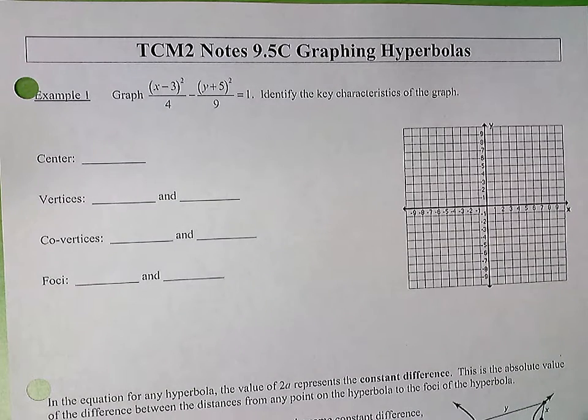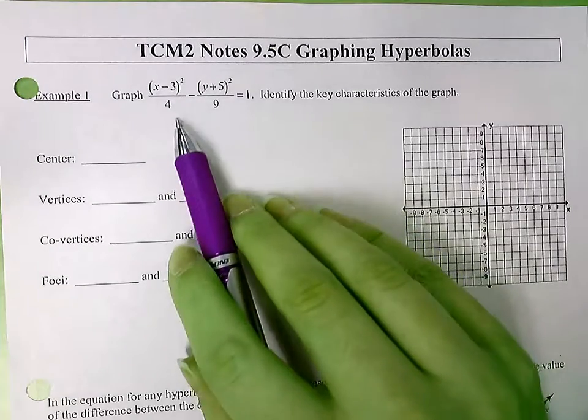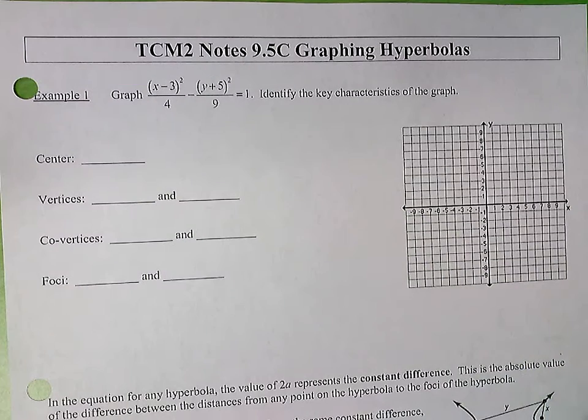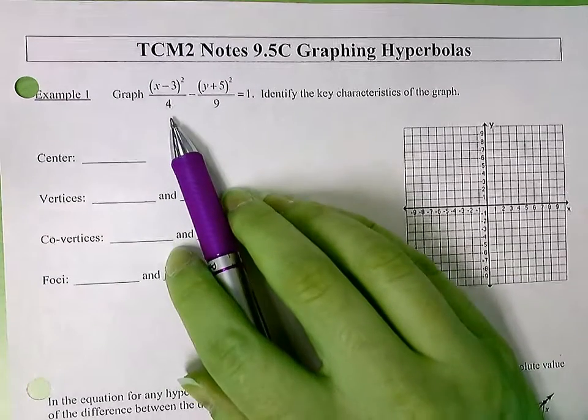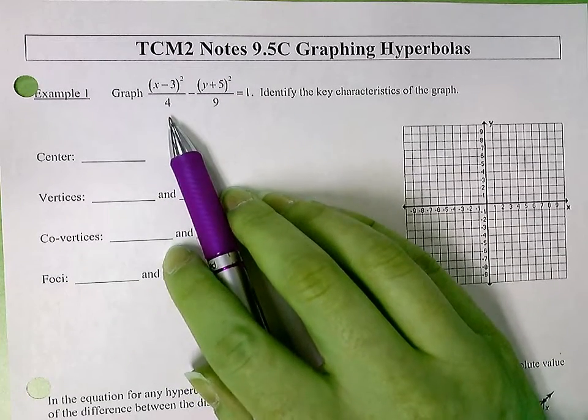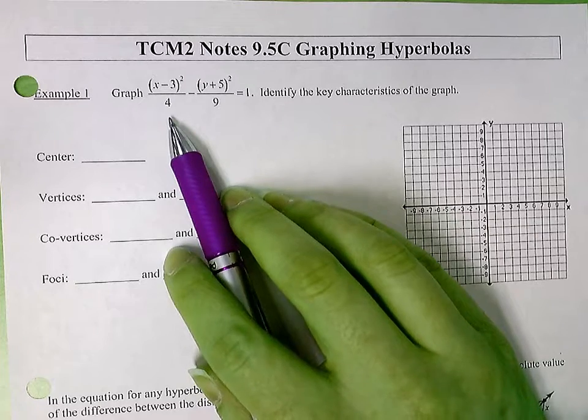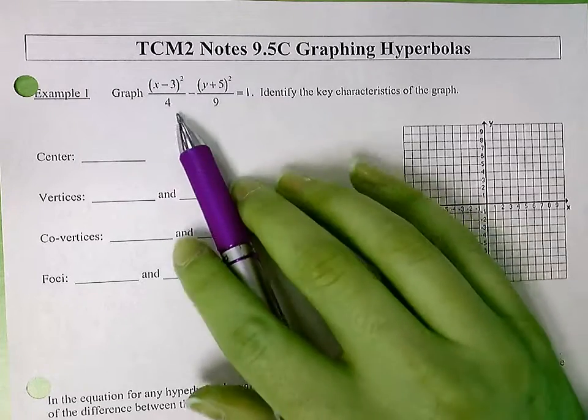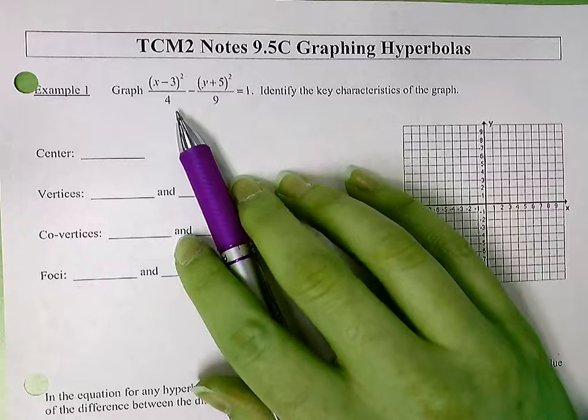So, when graphing hyperbolas, your a squared value always comes first. Okay, so when we were dealing with ellipses and graphing those, we had to pick which one was a and b.